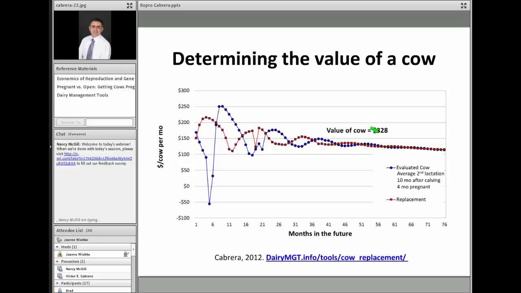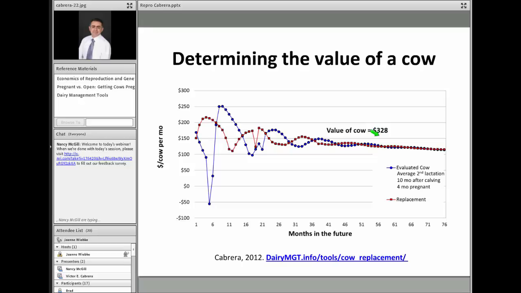If this value happens to be positive, as in this case, $328, for example, for a second lactation cow 10 months after calving, 4 months pregnant, I'm much better off keeping this cow rather than replacing her. If this value becomes negative, and it will become negative at some point, that means I'm better off replacing this animal.